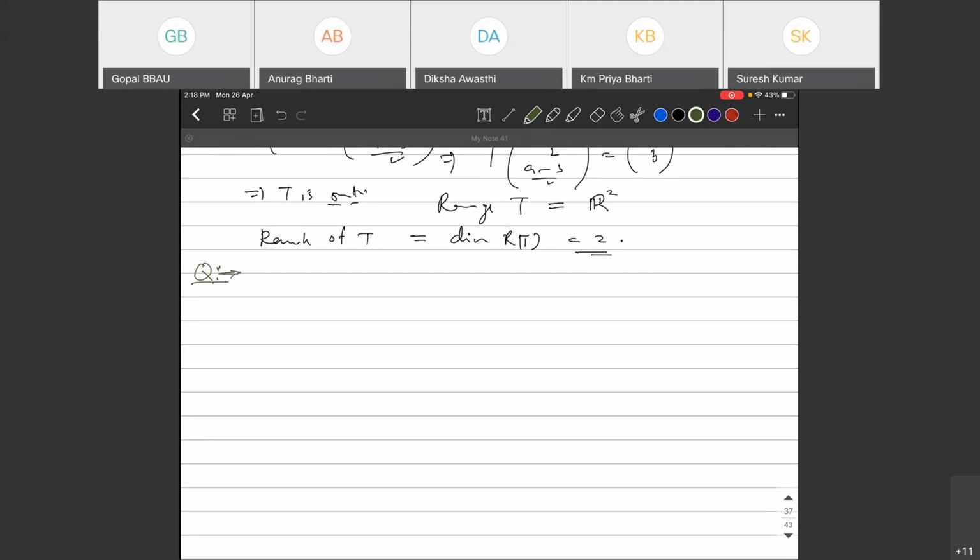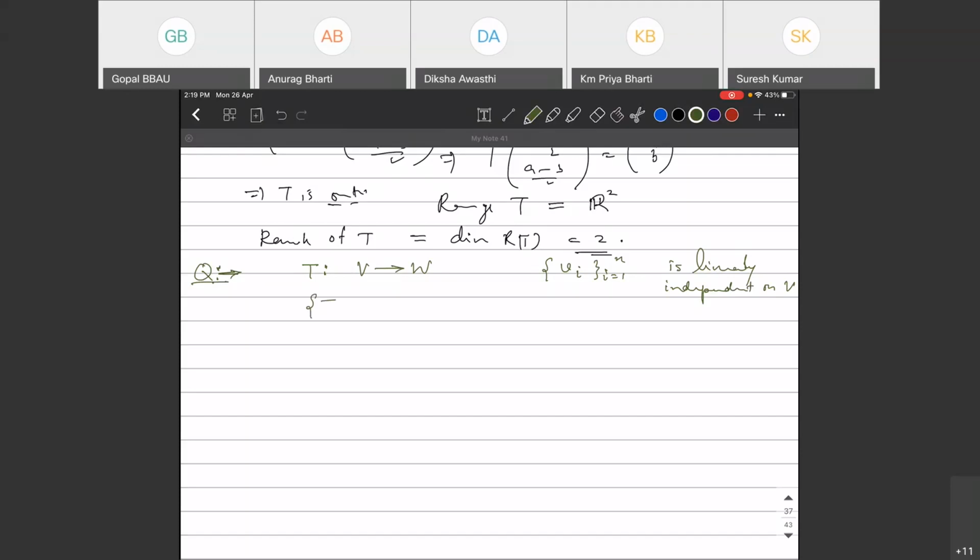So here is a question. Suppose we have a linear transformation T from a vector space V to another vector space W. Okay? And we have a basis or a linearly independent set v_i, i equal to 1 to n, which is linearly independent in V. Okay? v_i is a linearly independent set.